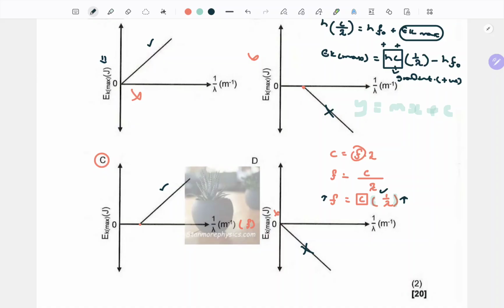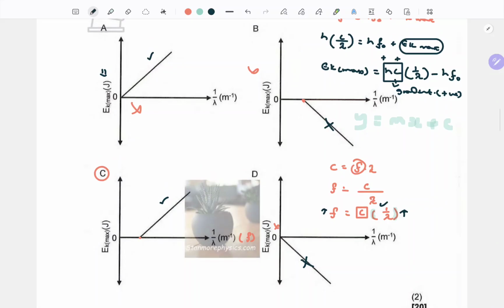Now, we think again and understand something. We look at the y-intercept. What is the y-intercept? It's the work function. So it's usually negative. Maybe let me not say never zero, but we understand that this is on the negative side.